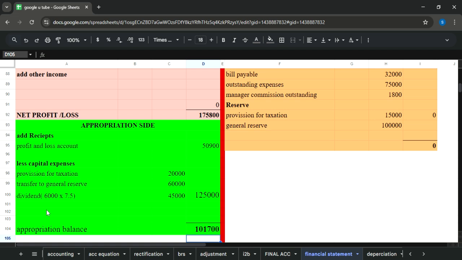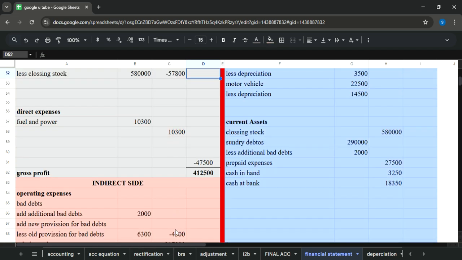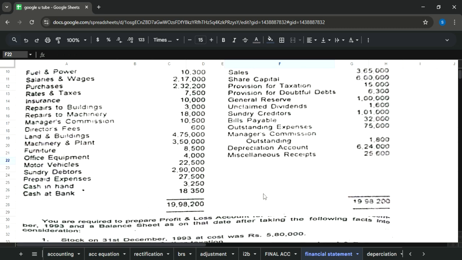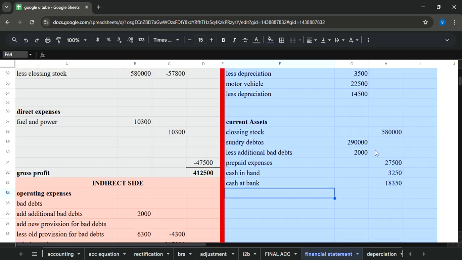So we are getting 101,700, and again the same thing, this 4,300 is ignored, and that's not the good thing. Alright guys, this 2,000 was supposed to be subtracted, and that's what we have already done.